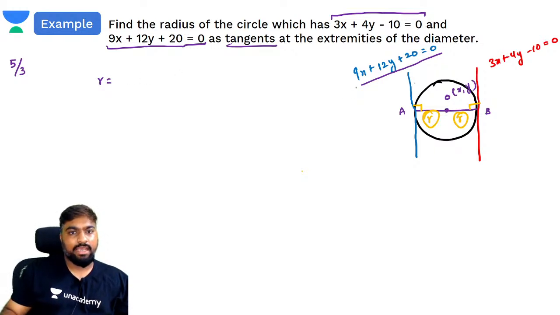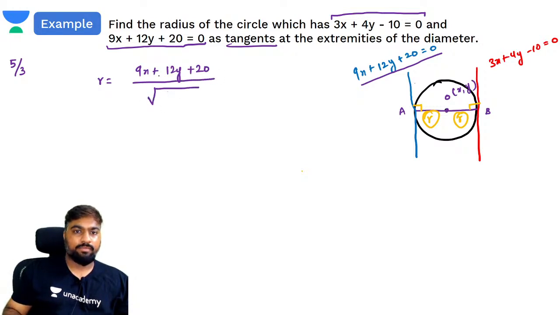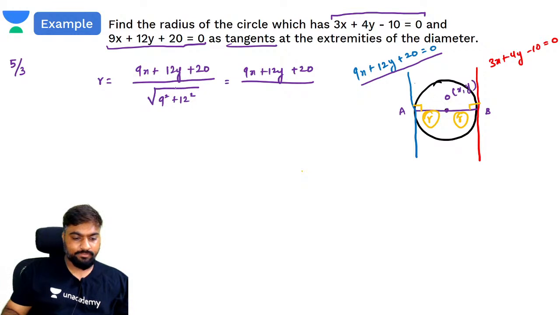It is going to be 9x plus 12y plus 20 divided by the square root of a squared plus b squared, which is 9 squared plus 12 squared. This is 9x plus 12y plus 20 divided by root of 9 squared, which is 81.